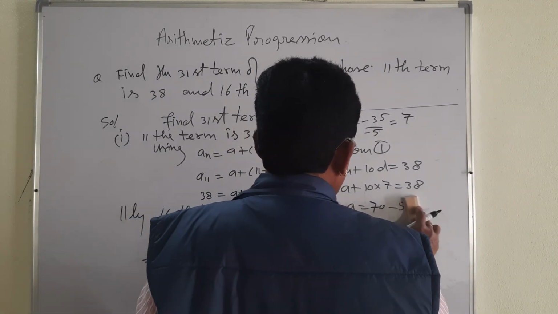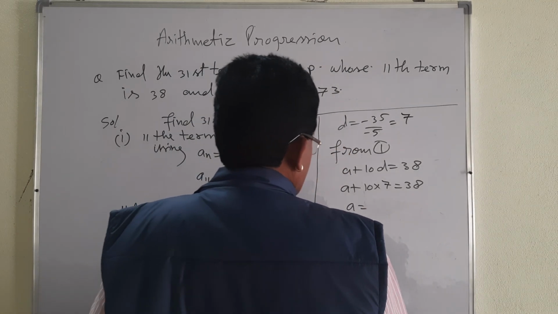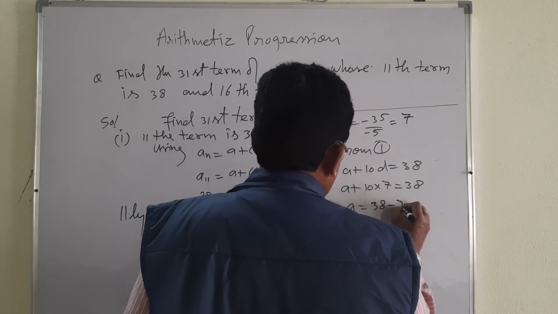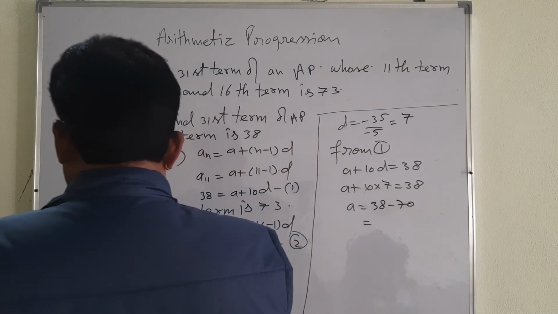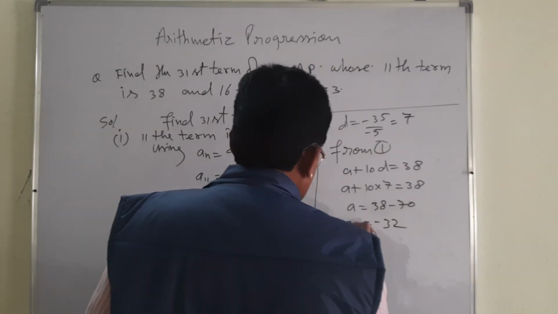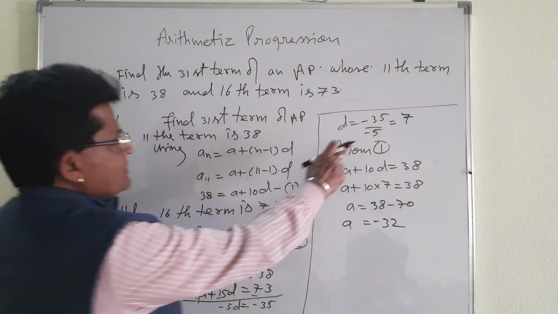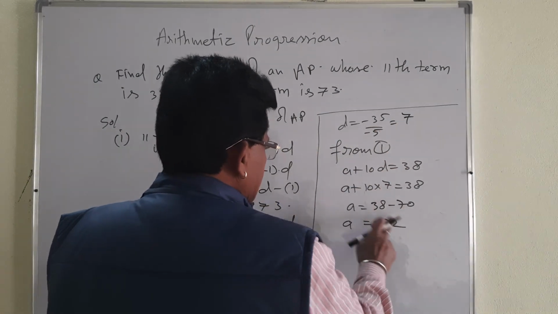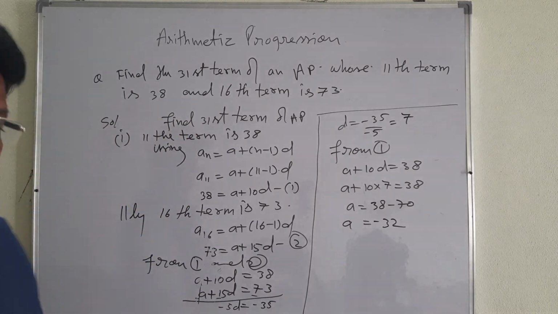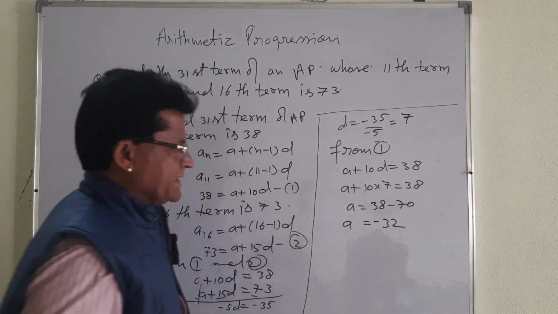So 38 minus 70 will be equal to minus 32. We got the value of D is equal to 7, and A is equal to minus 32.